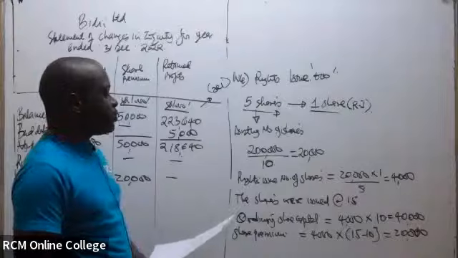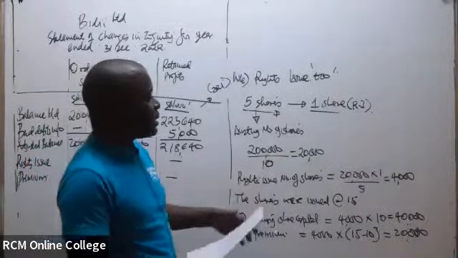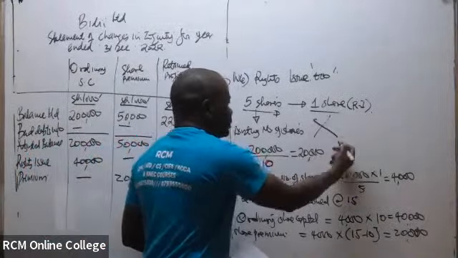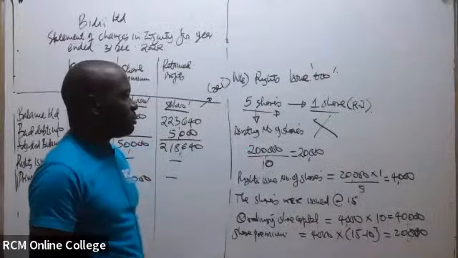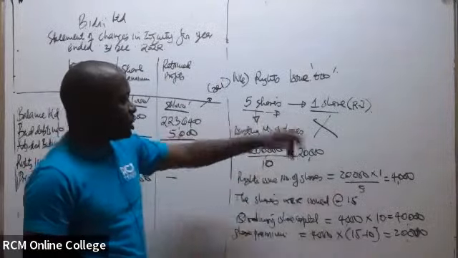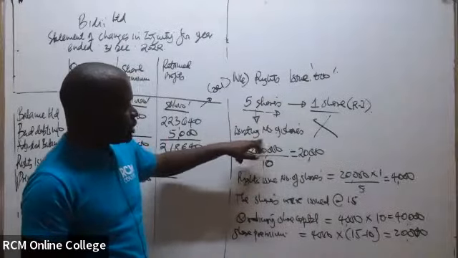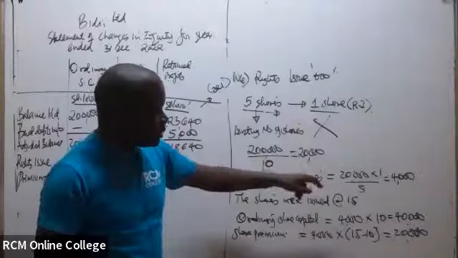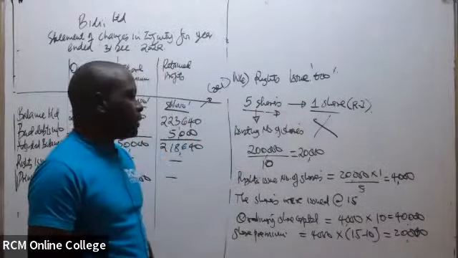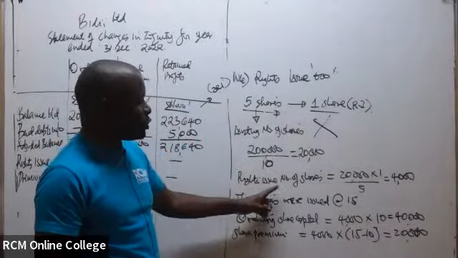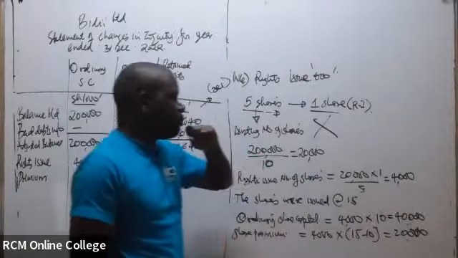Then you do the cross multiplication: 5 shares, 1 share; what about 20 million shares? You'll get that the rights issue was actually 4 million shares.